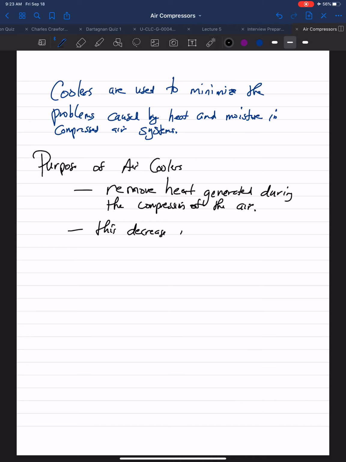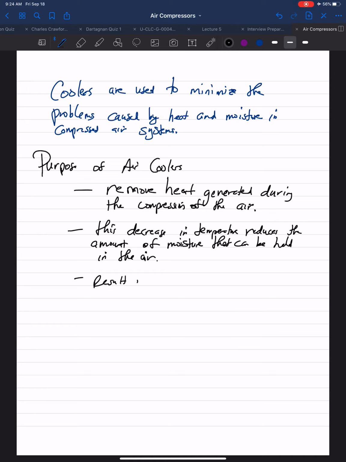This decrease in temperature reduces the amount of moisture that can be held in the air. The result is drier, cooler compressed air.